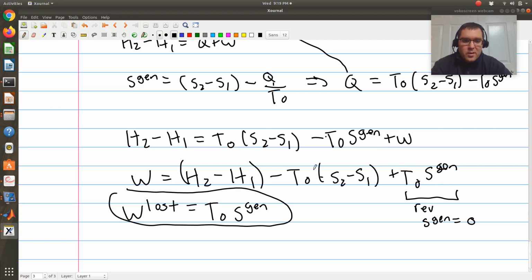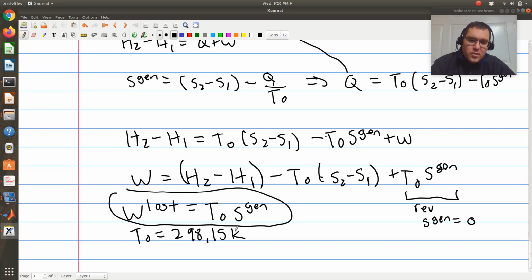Where it becomes a little odd is we're not thinking in terms of a T naught. In the example problems, they typically just assume a bath temperature of 25 degrees C, so T naught would be 298.15 Kelvin.